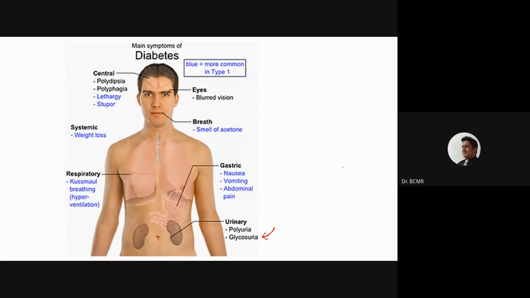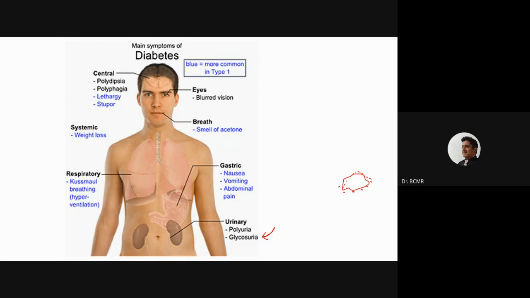That's why ants actually go and feed on his urine. Not everybody's urine. Apparently, it is because of a lot of glucose that is present in the urine.